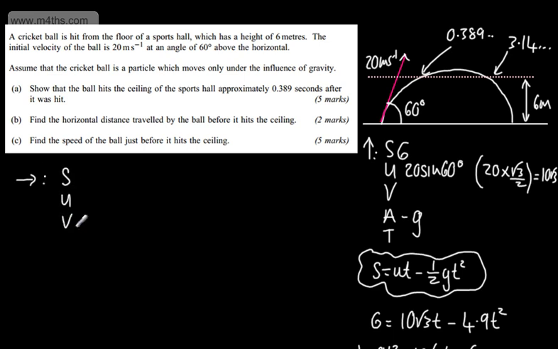If we look at this, collecting information using SUVAT, we saw in the last video that the horizontal acceleration was 0. We know that the horizontal component of the velocity is going to be 20 cos of 60 degrees. Cos of 60 degrees is going to give us now 1/2. 20 times by 1/2 is 10.